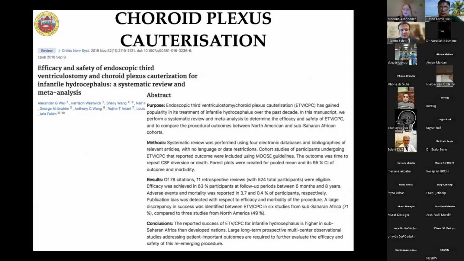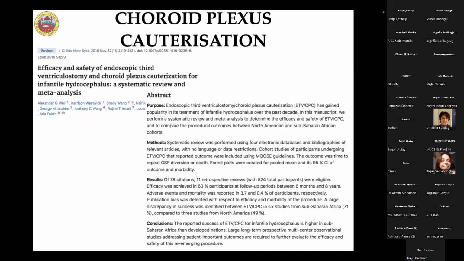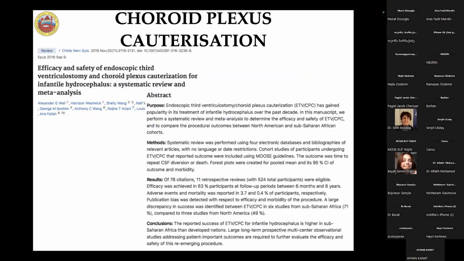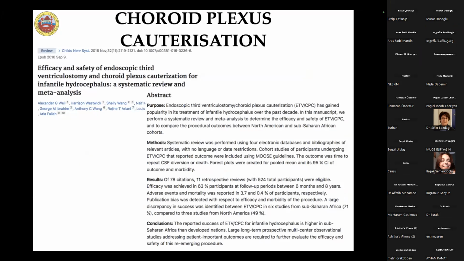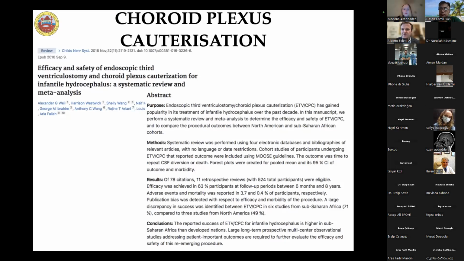Another interesting application of endoscopy in the lateral ventricles is represented by choroid plexus cauterization, which has historically been used, especially in developing countries like in some African countries, with the aim to control the hydrocephalus in infants.